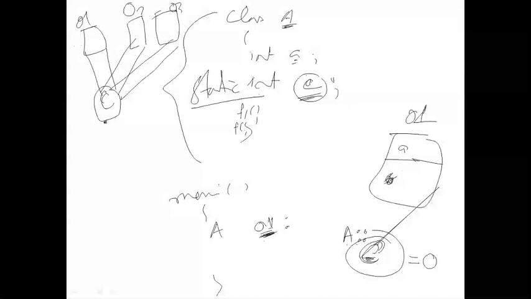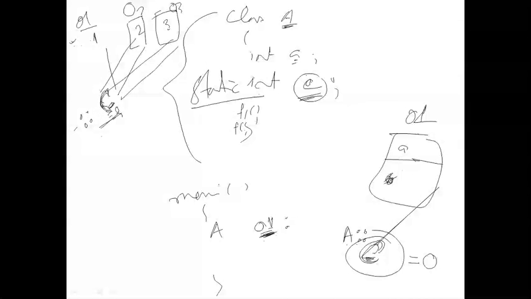If the value of C is initialized to 0, and one object makes it 1, then another makes it 2, then another makes it 3, it will be automatically updated, and we can keep a count. This sort of count variable we always create as static, because it should not create multiple copies. Multiple copies of C will not be created while creating the objects, but only one copy, which is associated with the class, will be created.